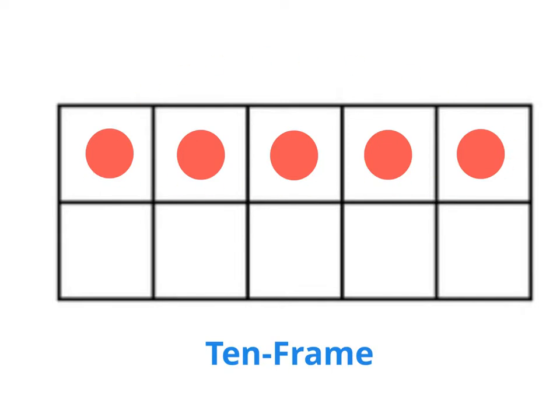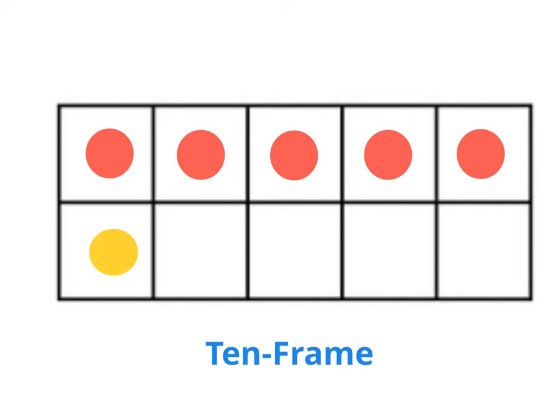Well, there are 5. If one whole row is full, we know that there are 5 counters. If both rows are full, we know there are 10. We don't have to count them one by one if you remember that this is a 10 frame.